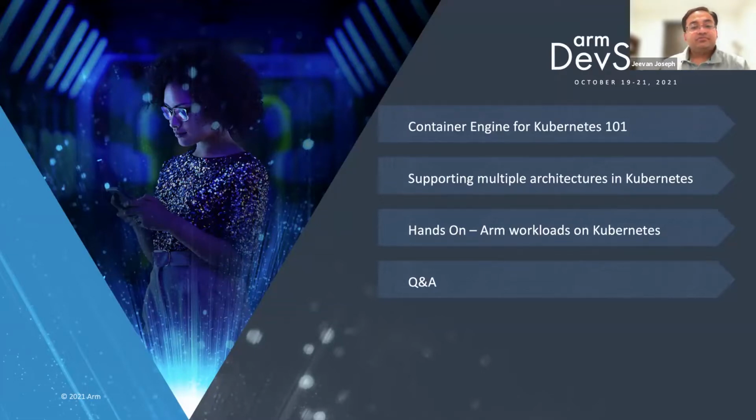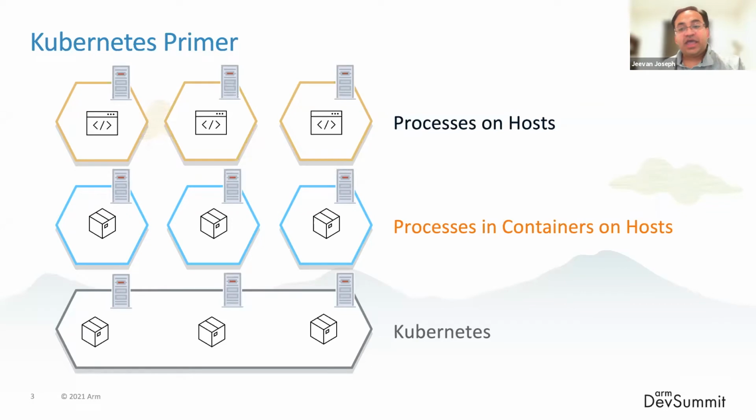So before we get into Kubernetes clusters with ARM, let's first take a look at the basic motivation, right? In a traditional system, we deploy applications on persistent hosts or VMs. Over time, these hosts will take on various configuration changes to support these applications.